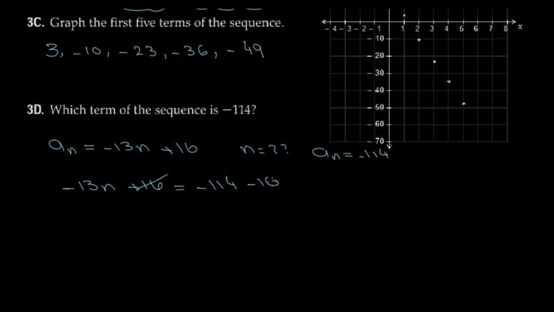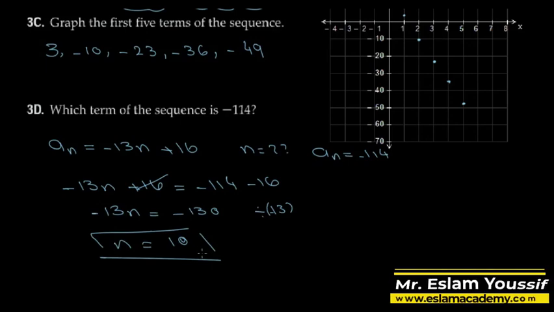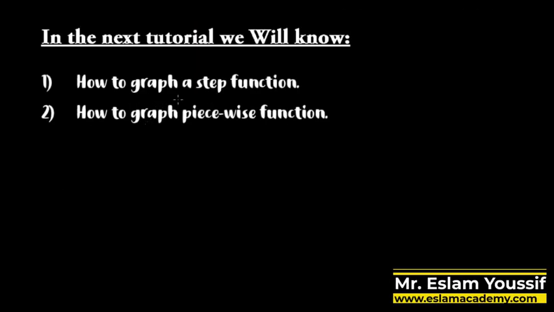By subtracting 16, negative 13n equals negative 130. We can divide by negative 13, so n is equal to 10. So the term number 10 is equal to negative 114. In the next tutorial, we'll learn how to graph the step function, how to graph the piecewise function.